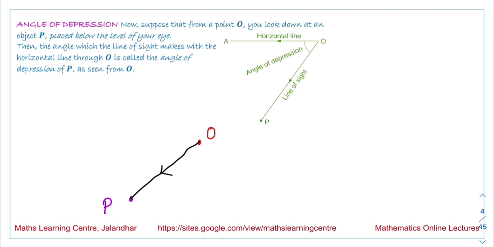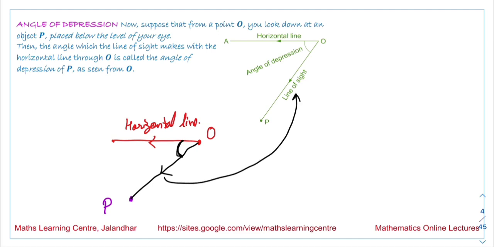Again we draw a line parallel to the horizontal line. Now this angle that is formed between the line of sight and the horizontal, this angle theta, is called the angle of depression.